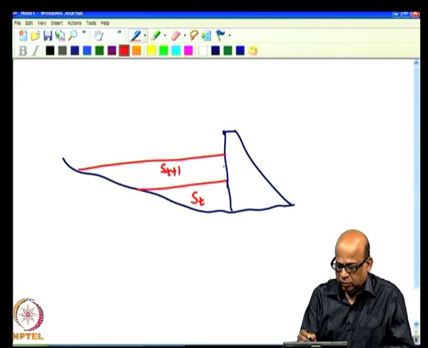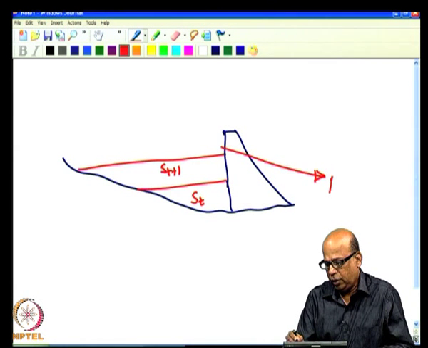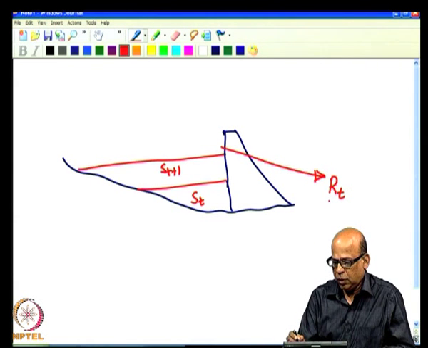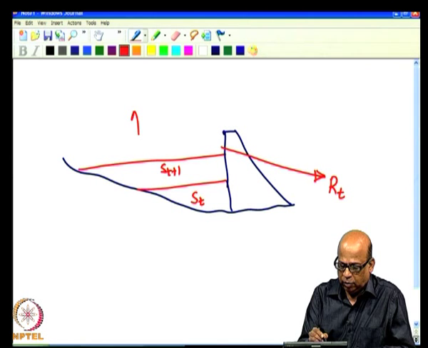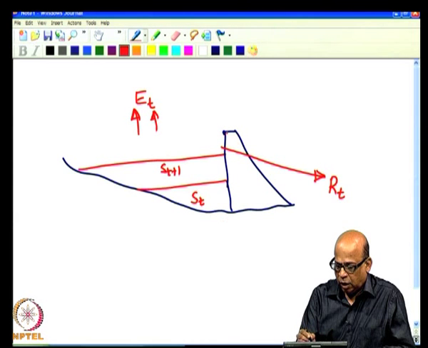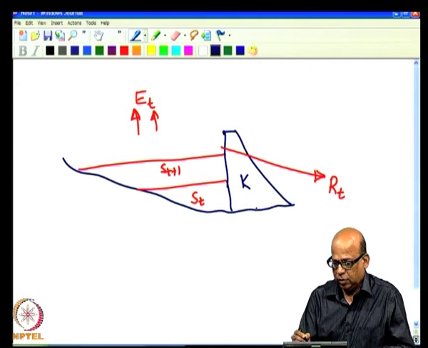So, like this the storage is changing, and then you are taking out a release Rt. This may be constant or changing from time period to time period. There is an evaporation that is taking place, that is Et, and the capacity of the reservoir is known. This is K. K is the capacity.